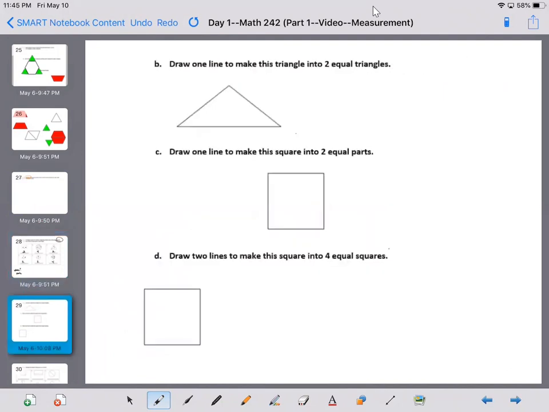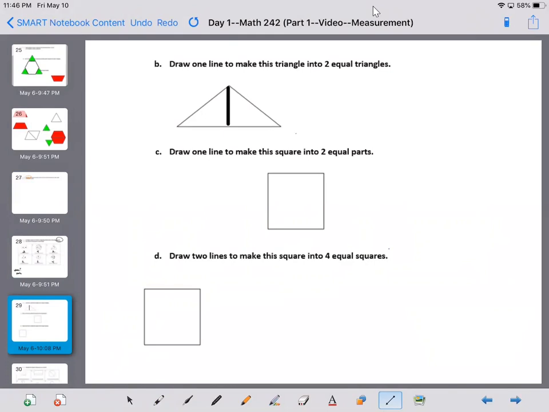Next, you've got an idea where you're given the shape, and now you want to see, can the students subdivide that shape into certain parts? So if you wanted to have the students draw a line to make this triangle into 2 equal parts, well, there are different ways to do that. Since we don't really know the side lengths on this, the logical piece would be to just drop that line straight down.